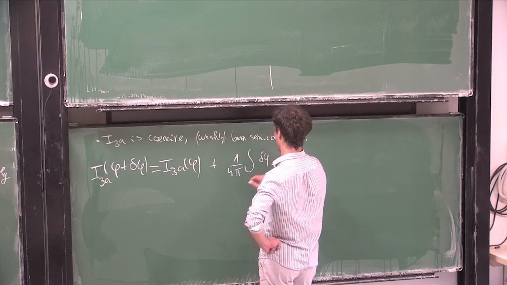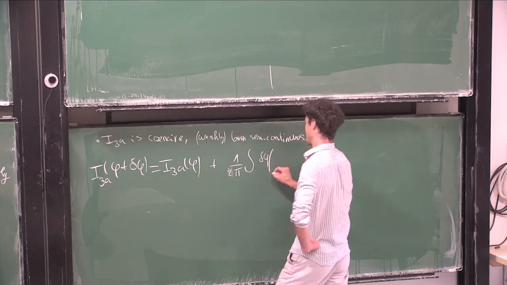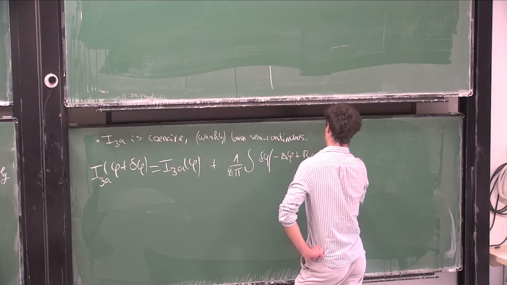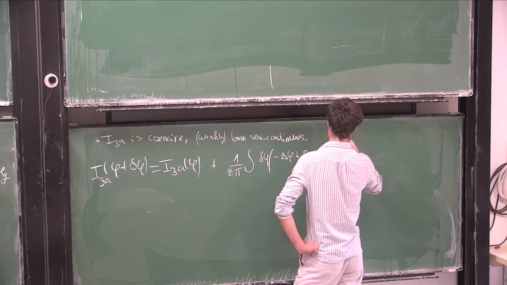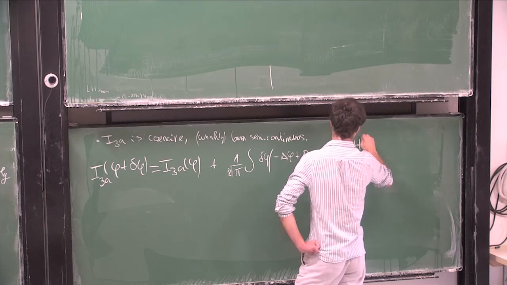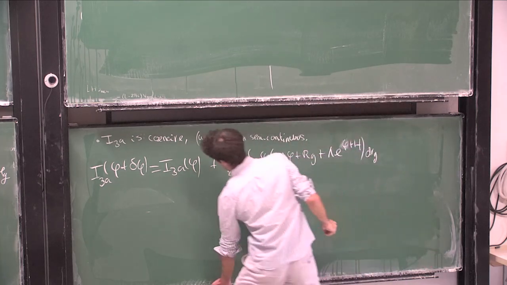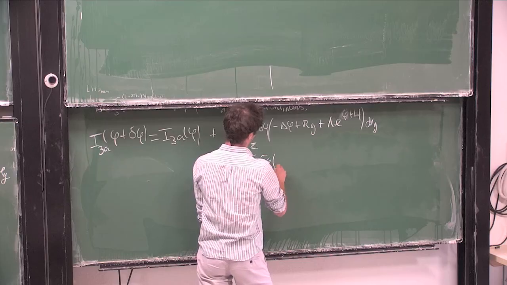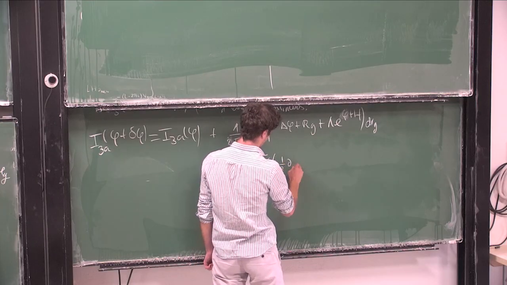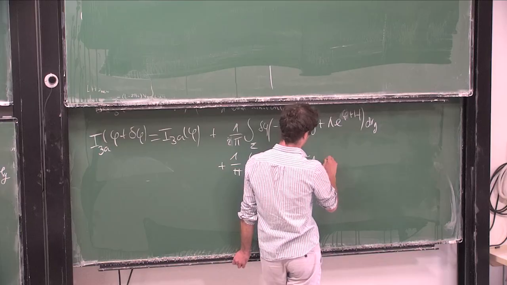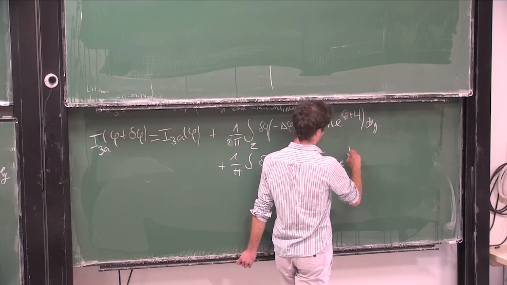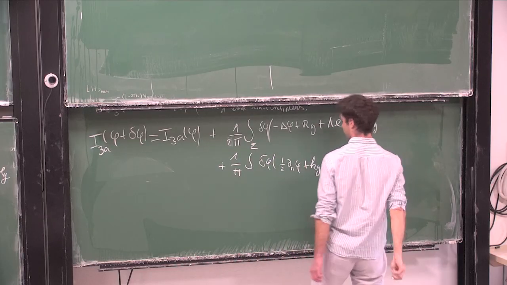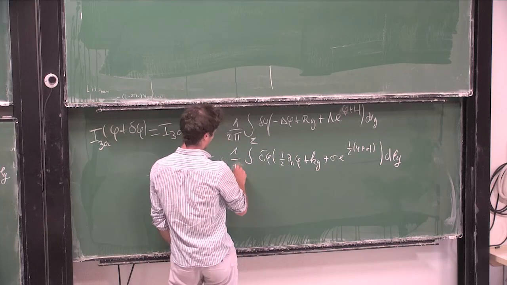So it's 2 pi, delta phi times minus Laplacian phi plus R g plus lambda exponential of phi plus h. Okay, this is at first order.